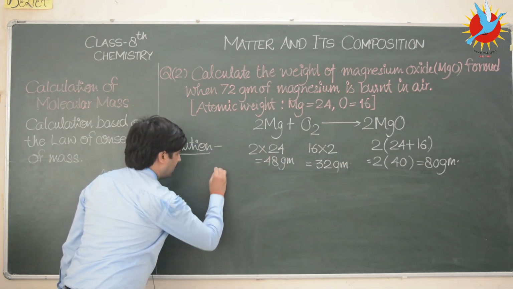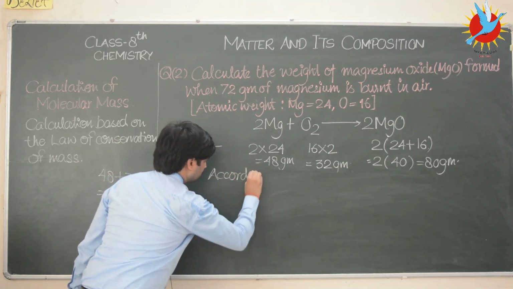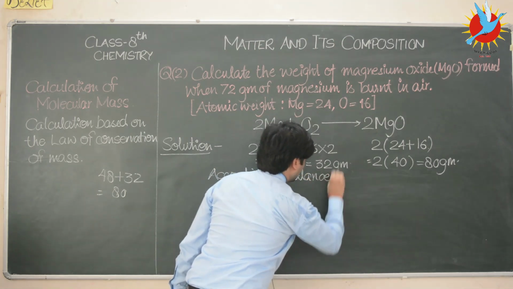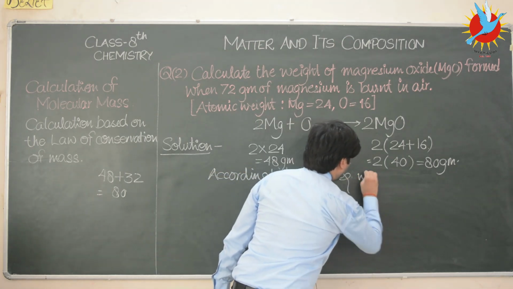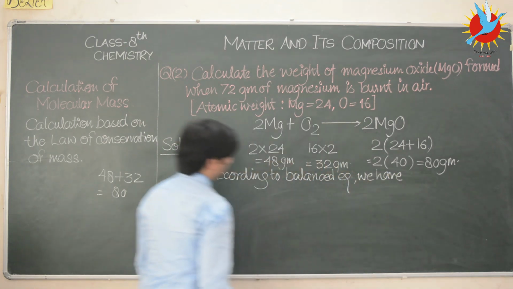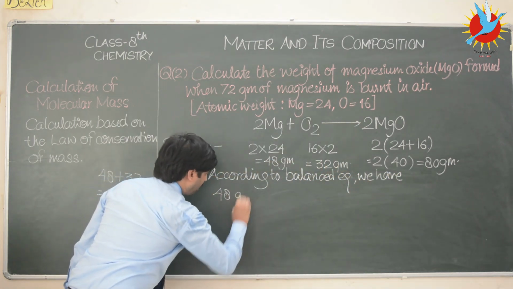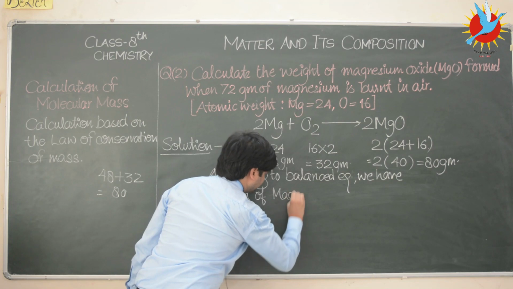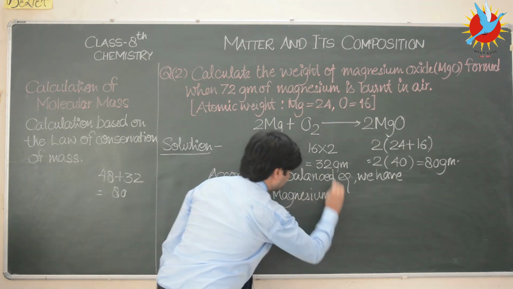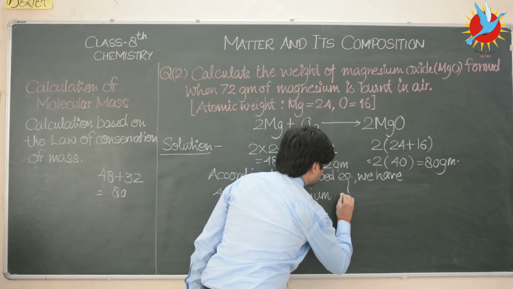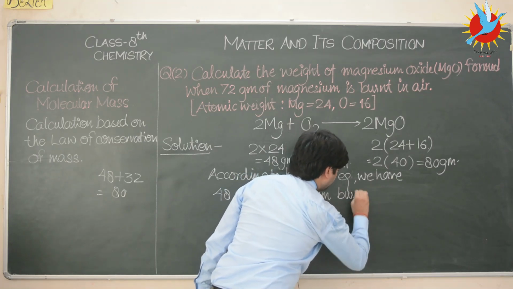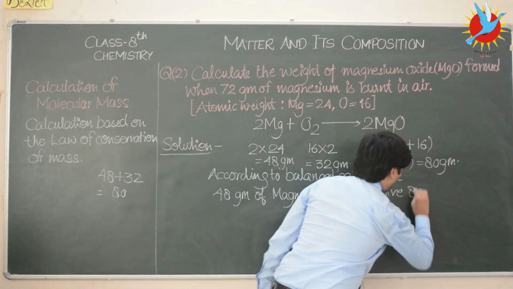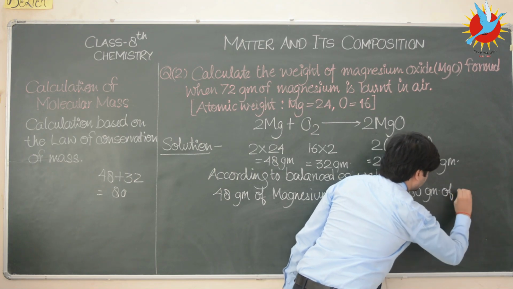So we have to write according to balanced equation, we have 48 gram of magnesium burned to give 80 gram of magnesium oxide.